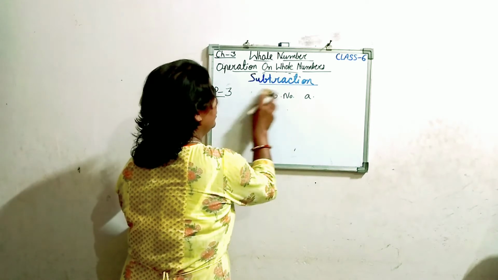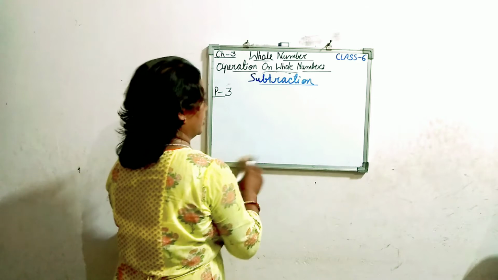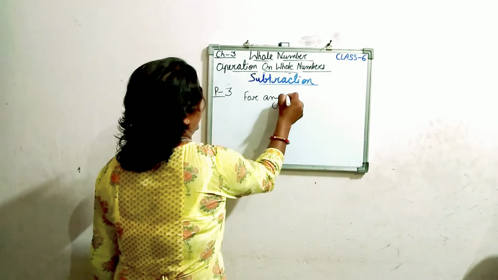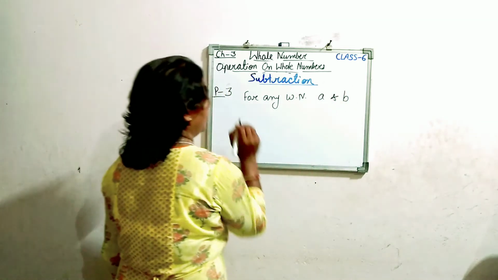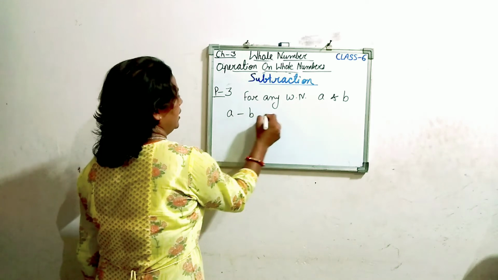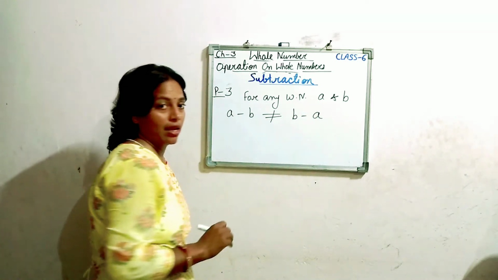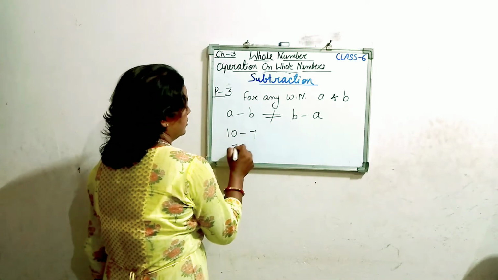Now property number 3. Which was property number 3 in addition? Commutative property, order property. Okay, for any whole numbers A and B, A minus B is not equal to B minus A. You can watch it. 10 minus 7 is 3.